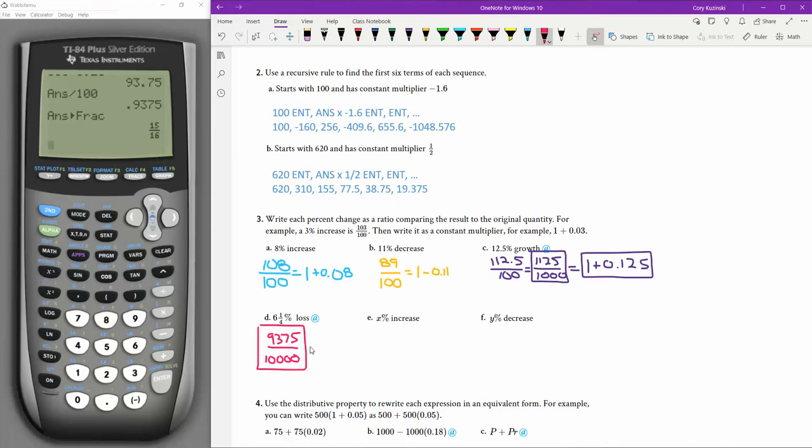The main thing is that we're deciding whether to add or subtract from 100 based on whether it's an increase or a decrease, or a gain or a loss. So that would be 1 minus 0.0625.